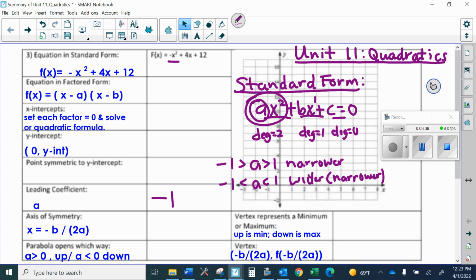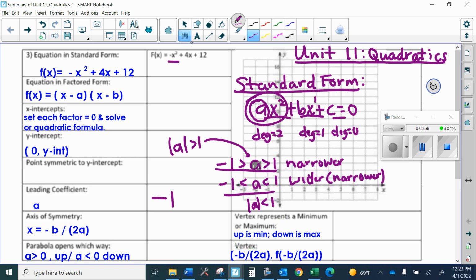This one right here can be written as the absolute value of a is less than 1. This inequality right here can be written as the absolute value of a is greater than 1.